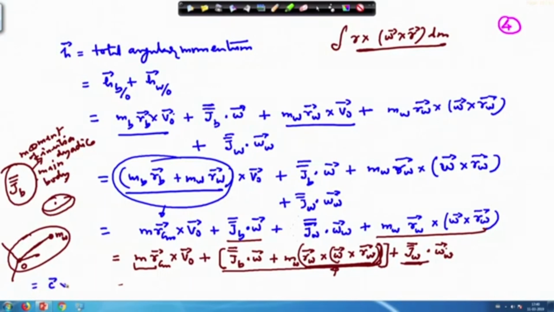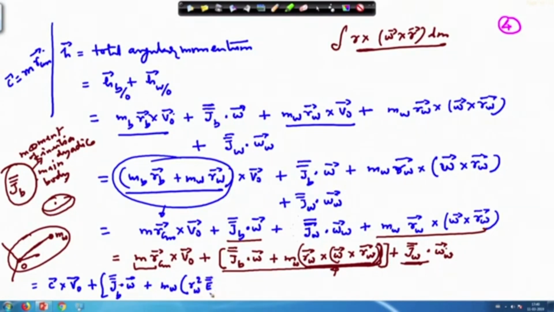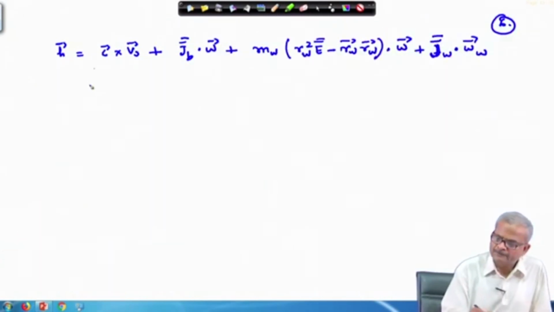So here this becomes C cross V 0, where C we are defining as m times R C m, plus J double bar dot omega for the body, plus m w times r w square E double bar, where E double bar is the unit dyadic as per our earlier notation, minus r w dot omega, plus. So, this we have copied from the previous page.